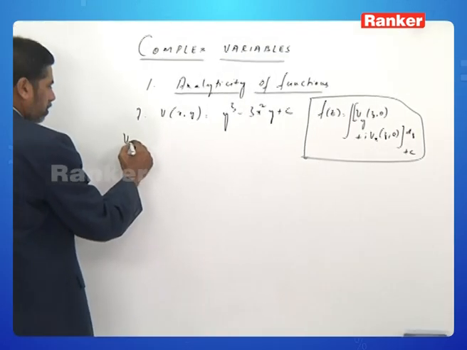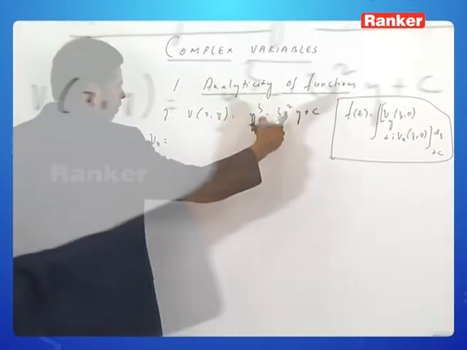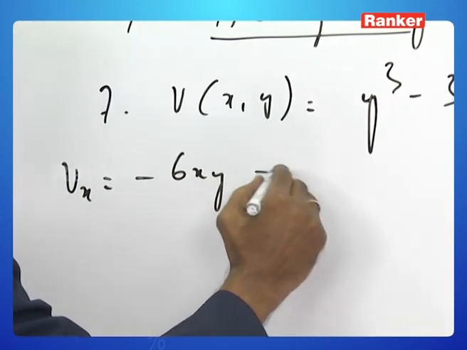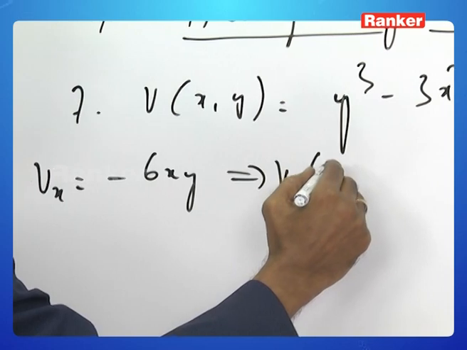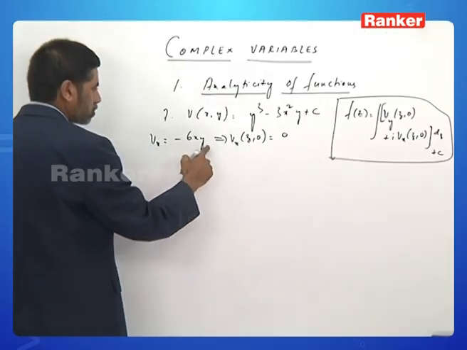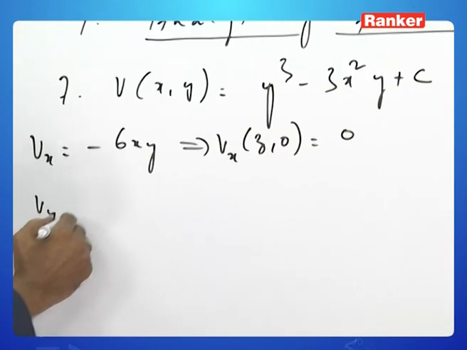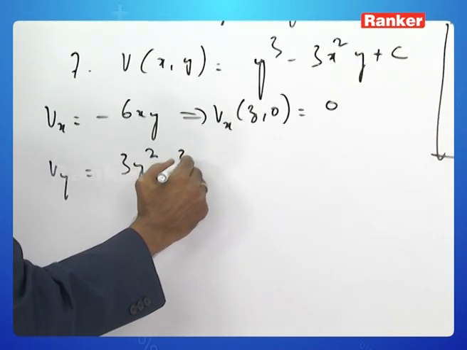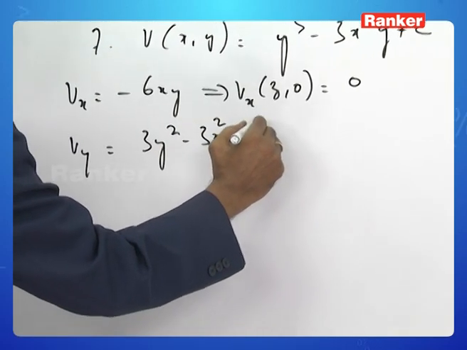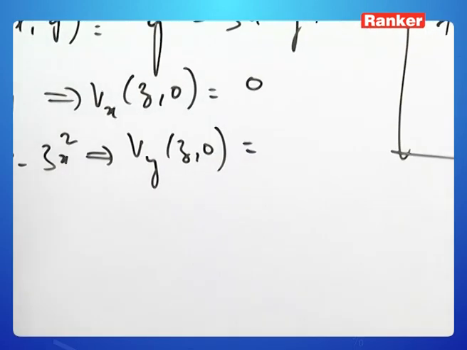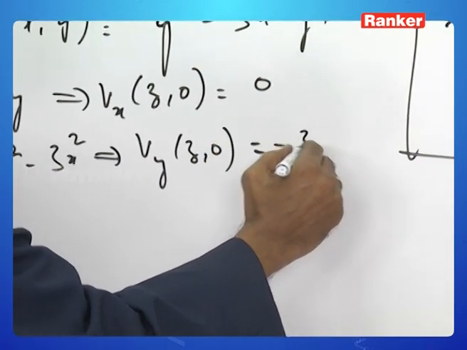So let's start with vx, and you'll find that is minus 6xy, from which we can write vx at z comma 0 will be 0, x is z, y is 0. vy is equal to 3y square minus 3x squared, which means vy at z comma 0 will be 0 minus 3z squared, that is minus 3z squared.